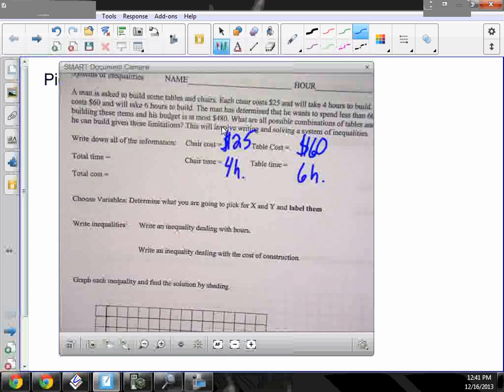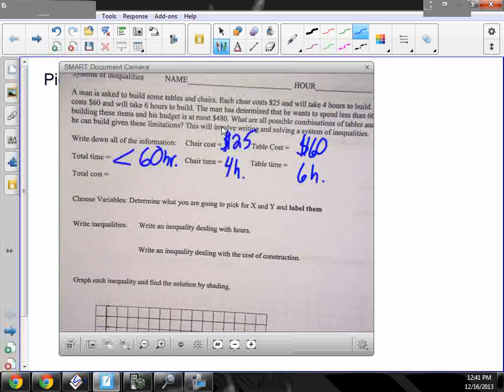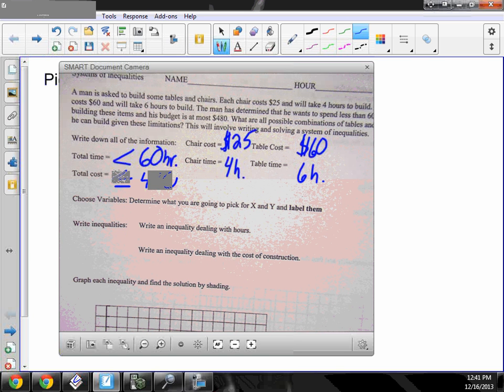Less than or equal, or is it just less than? Less than 60. So the total time is less than 60 hours. What about his budget? At most 480. So how would we describe that? Less than or equal to $480.